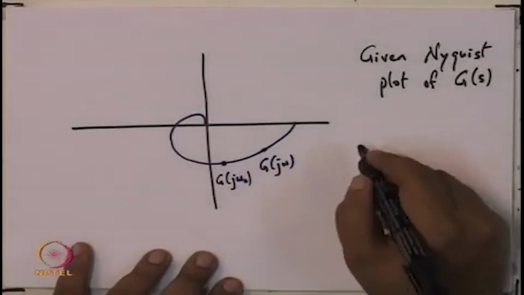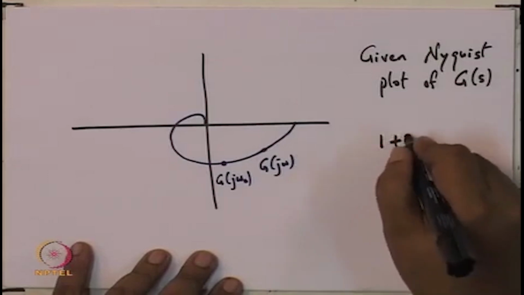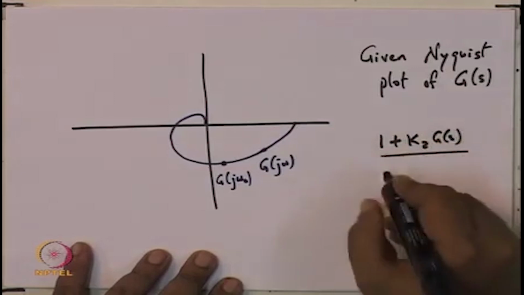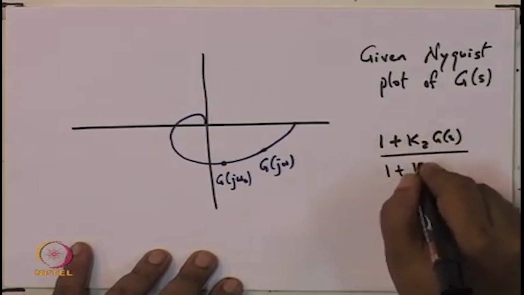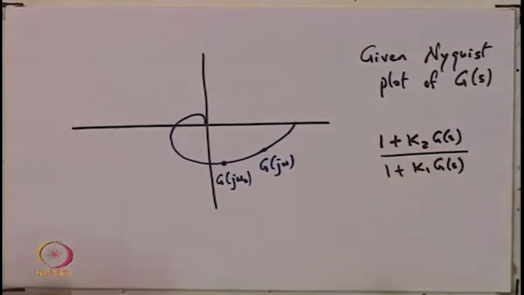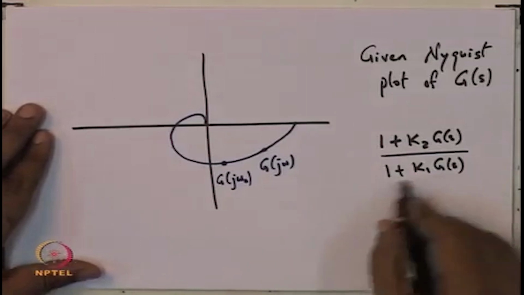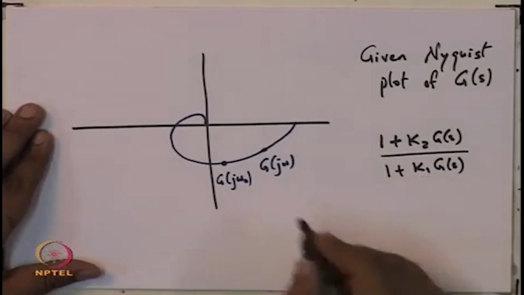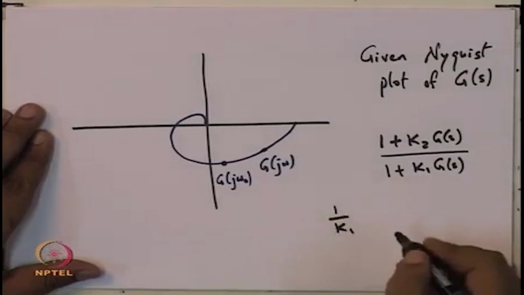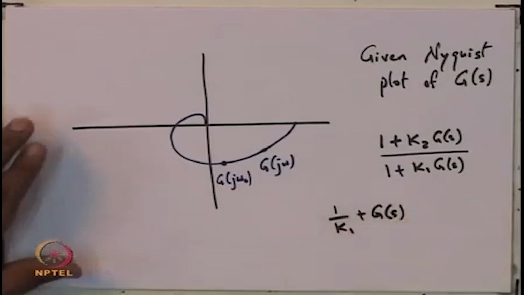Now, we are interested in finding something out about this transfer function, which is 1 plus K 2 G of s upon 1 plus K 1 G of s. Let us just look at the denominator. In this denominator I could pull K 1 out, and this is the same as K 1 times 1 upon K 1 plus G of s.